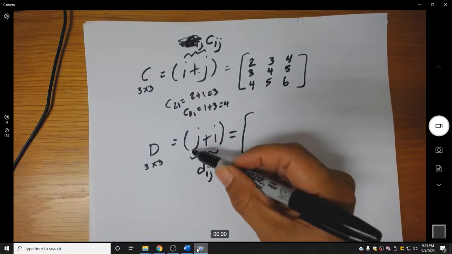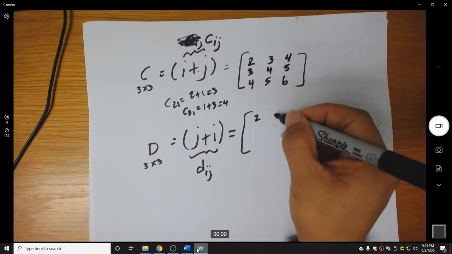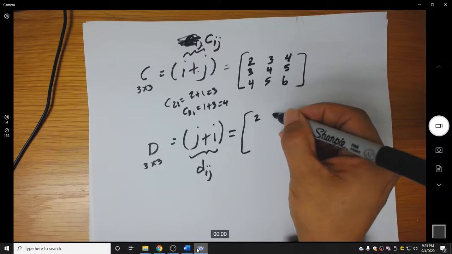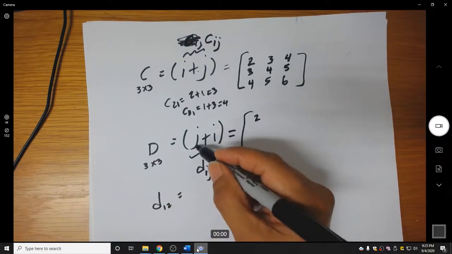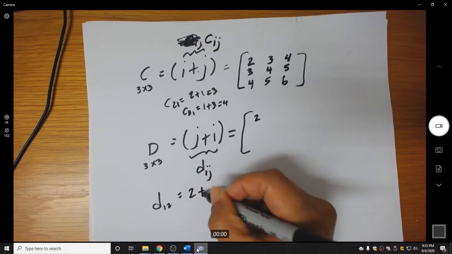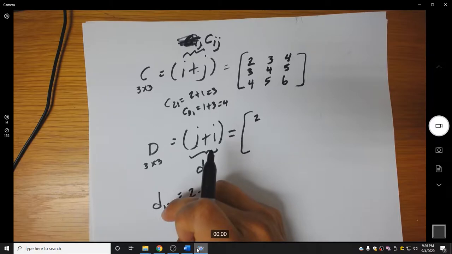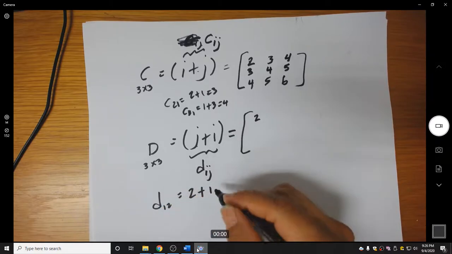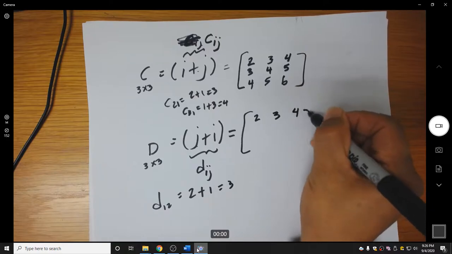So D11 is 1 plus 1, which is 2. Now, this is supposed to be D12. D12 is going to be 2 plus 1. Why 2 plus 1? Because I'm adding j plus i. Here j is 2, i is 1. So that's 3. Notice that I'm going to get 3. I'm going to get 4.